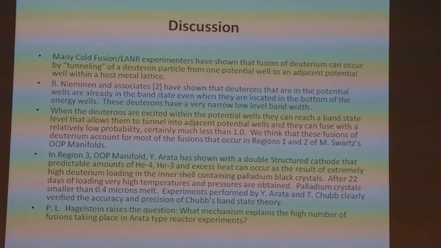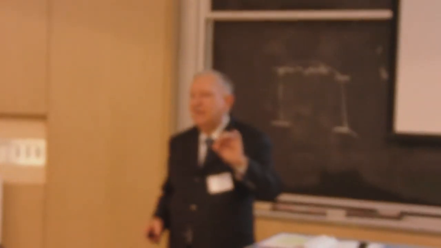And by that, I want to point out that when the deuterons are in the potential well, at the lowest part of the potential well, they're vibrating a little bit like Vladimir pointed out. He showed little bands in there.